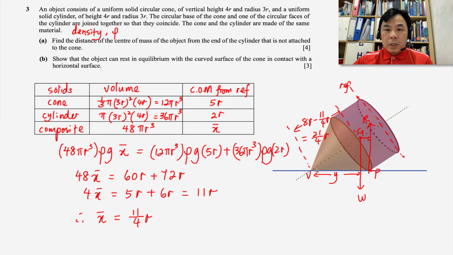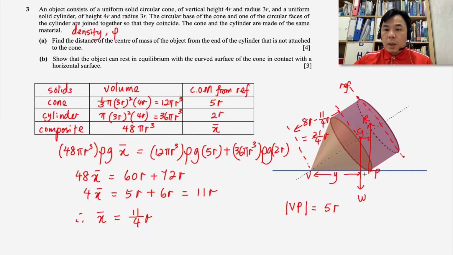Would it be greater than the length of the curve section? That's what we want to check. And then we know that the curve section VP, the length of VP is basically 5r. We have already determined that from the Pythagoras theorem. That shouldn't be any problem.